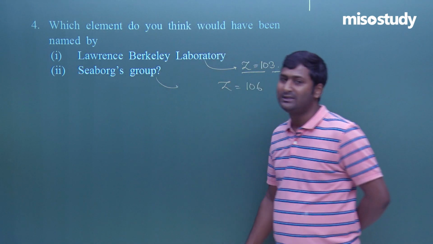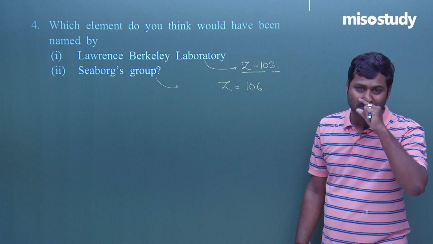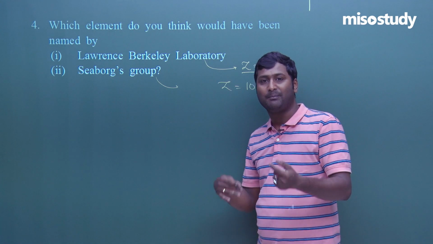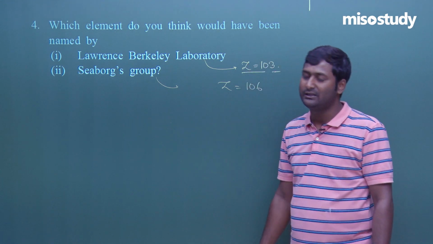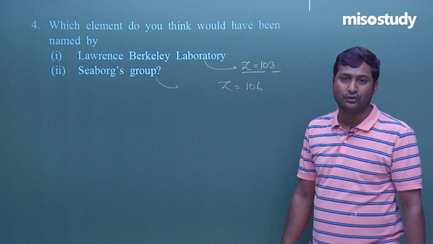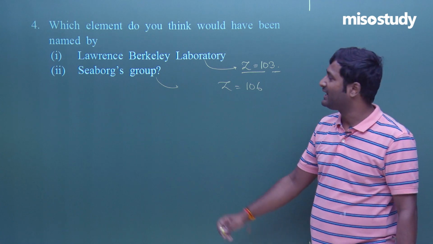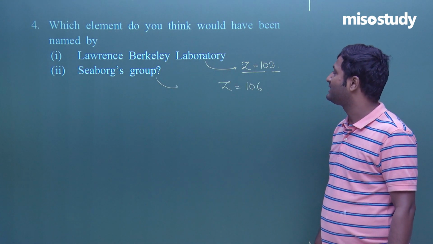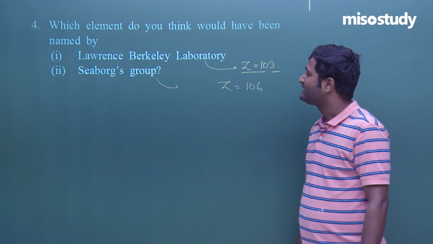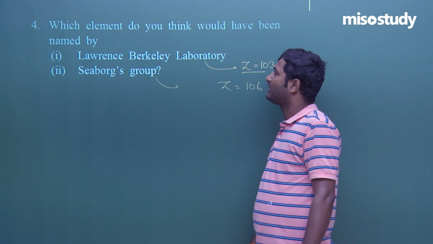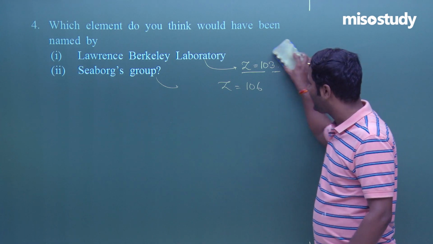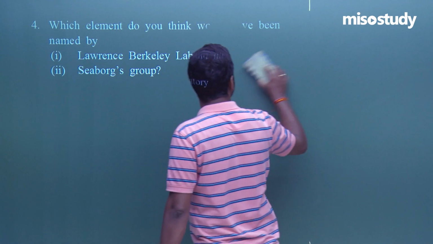As I told you, this chapter is completely theory based. If you have command over the theory and complete explanation, then you can easily solve the questions related to your school examination. Clear? Again I am repeating, Lawrence Berkeley Laboratory, that is lawrencium, and Seaborg group, that is seaborgium. Clear to you? Now I am going to rub this part and we'll discuss the next question, my friend.